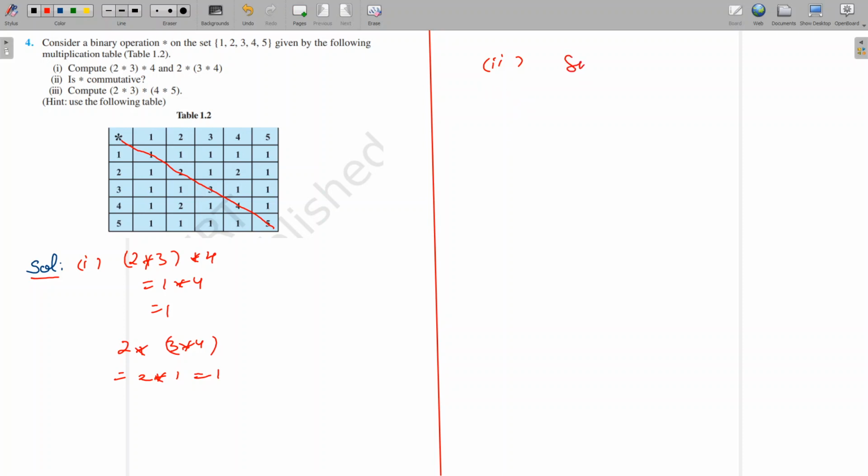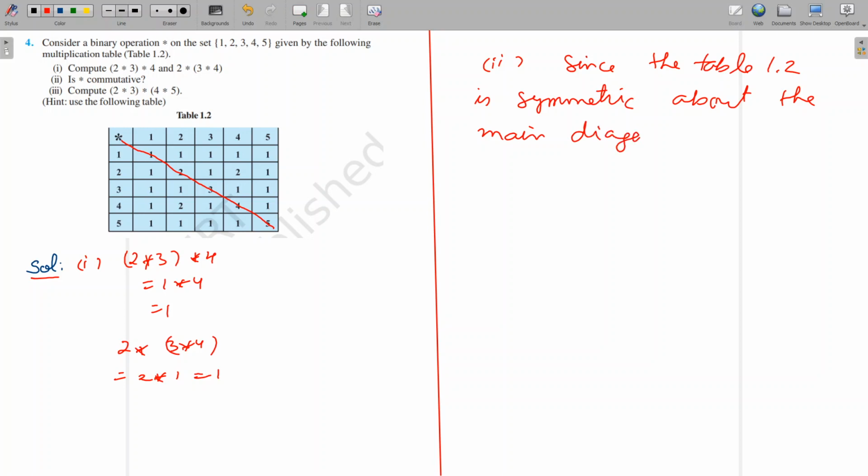Since the table 1.2 is symmetric about the main diagonal, therefore star is commutative.